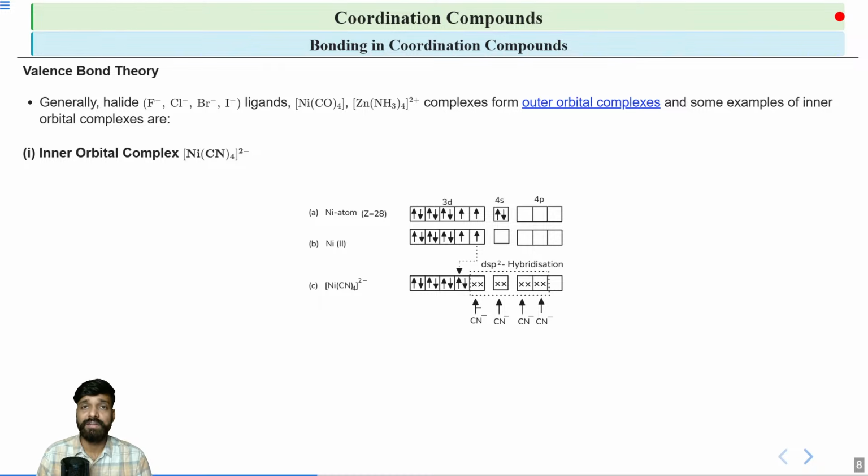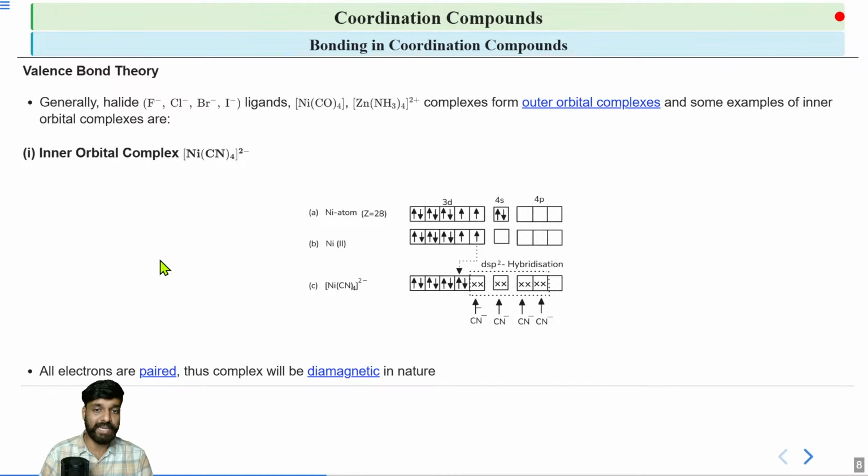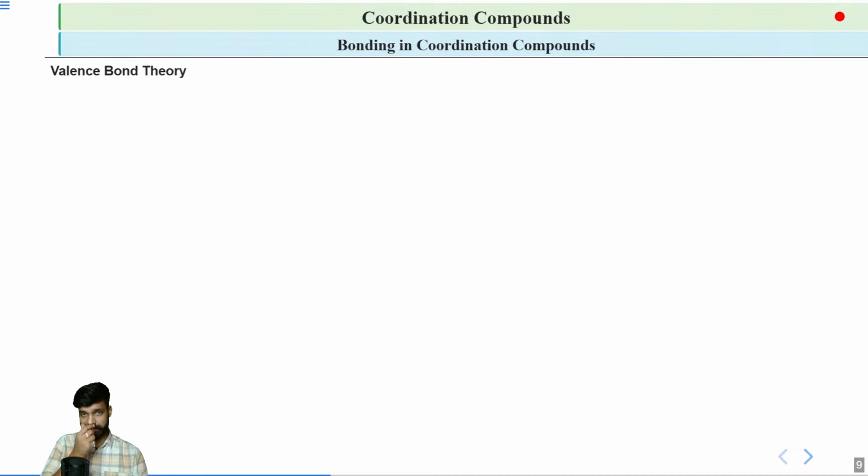And that is the reason it is not forming a square planar complex. It is forming a tetrahedral due to outer orbital complex. Got it? So that is the thing I was explaining to you. Remember, always d8 configuration is required. The presence of strong field ligand is not enough. So this CO is a strong field ligand, but still it is not forming a square planar complex. Got it? So yes, the magnetic moment will be 0 because all electrons are paired up, and hence it will be diamagnetic in nature.